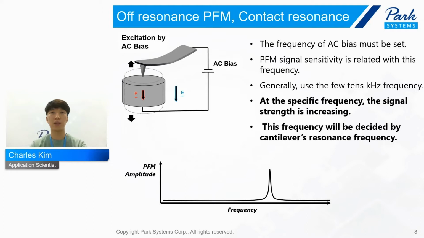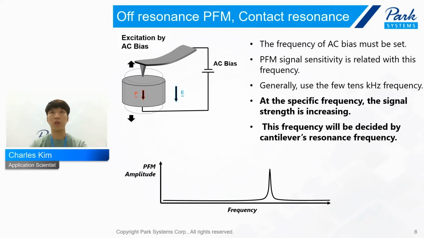So then let's talk about the PFM modes. Earlier I said that there are 3 different PFM modes, and the first one is the off resonance PFM. For this kind of PFM technique, the mode is decided by the frequency we need to apply to excite the sample surface.